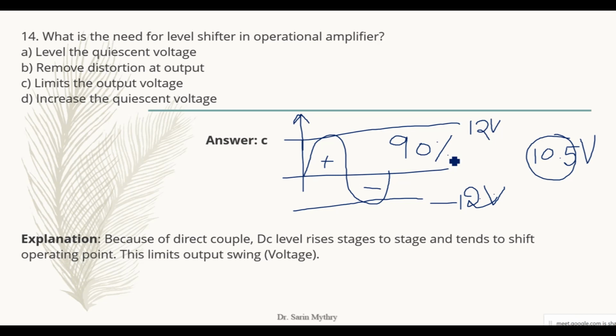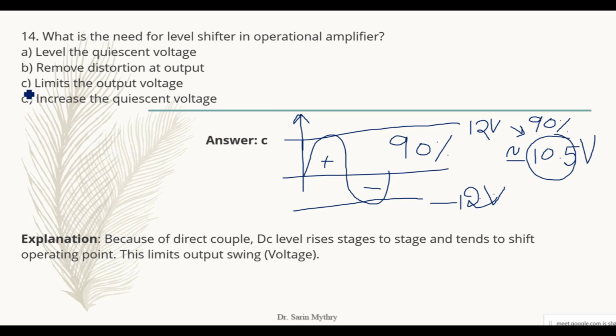Beyond that, what happens to the amplifier? It enters into the saturation stage. It's approximately, I don't know exactly, somewhere around 10.8. 90% of 12 will be equal to 10.8 or 10.9, approximately, as I have written here. So at 90% only of the total power supply, your transistor is going to be saturated.